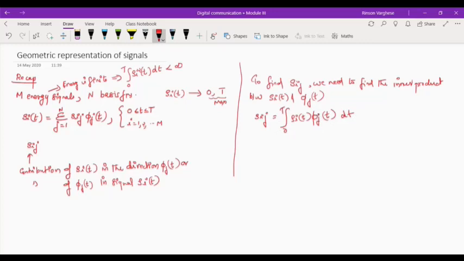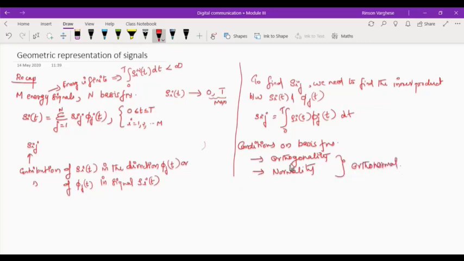Right. Now, conditions on basis functions: orthogonality, and normality. Together we call it orthonormal.